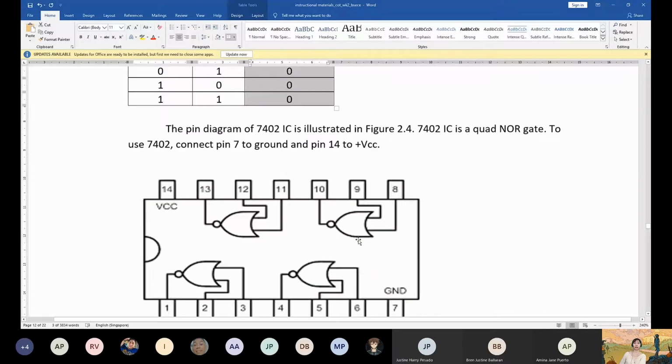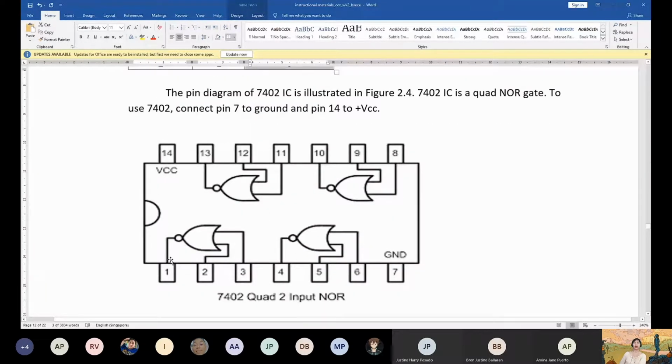Okay, so take note. The IC diagram of 7402, this is for the NOR gate, is a bit different from the three ICs that we have discussed. It's different from 7400, 7432, and 7408. The output for NOR gate number 1 is taken at pin 1, whereas the inputs for NOR 1 are 2 and 3.